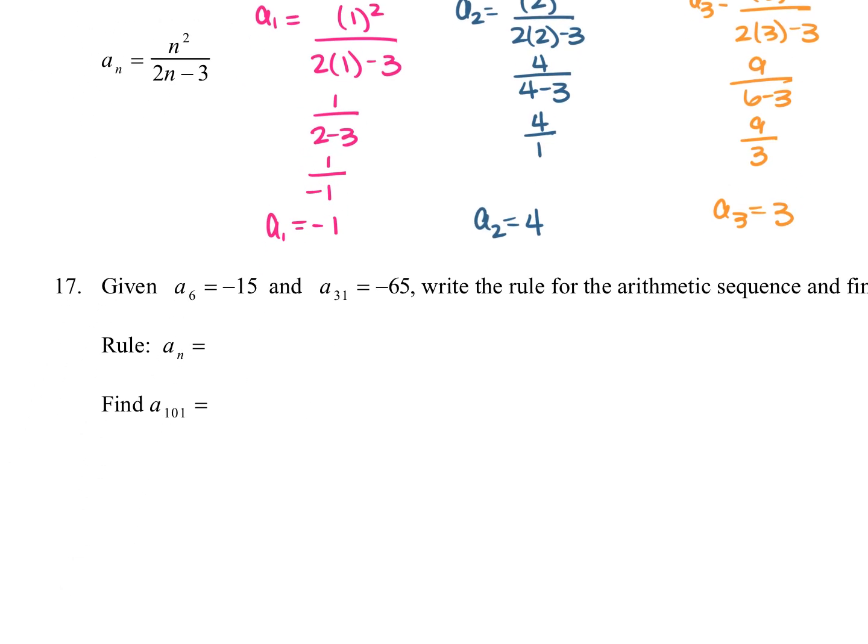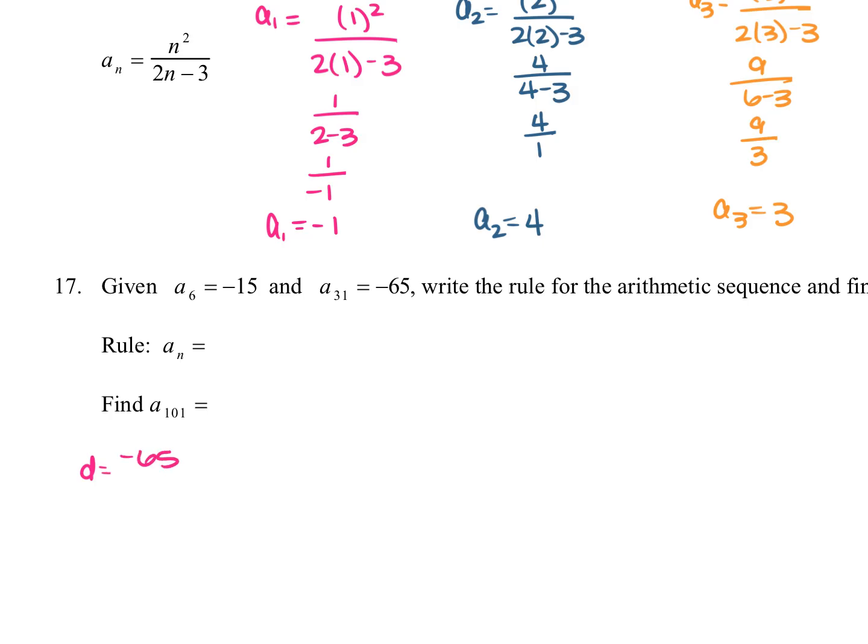Next, this is question number 29 from your review. You're given your 6th term is -15, your 31st term is -65. We're writing the rule for the arithmetic sequence and finding the 101st term. So to find the rule, we're first going to find d. To find d, we're going to just use our slope formula.